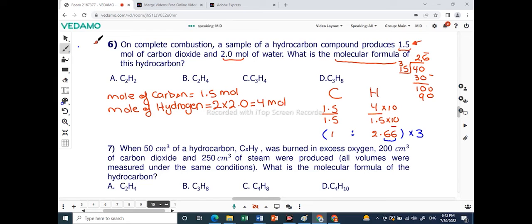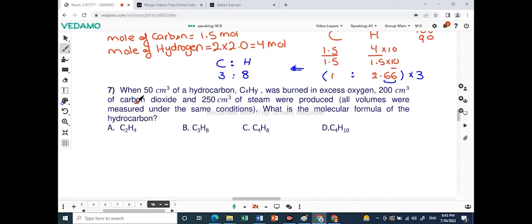So your final empirical formula, after multiplying by 3, you're going to find that the carbon will be 3. 2.66 multiplied by 3, the answer is 8. If you want to go back to the options given, your empirical formula is C3H8.